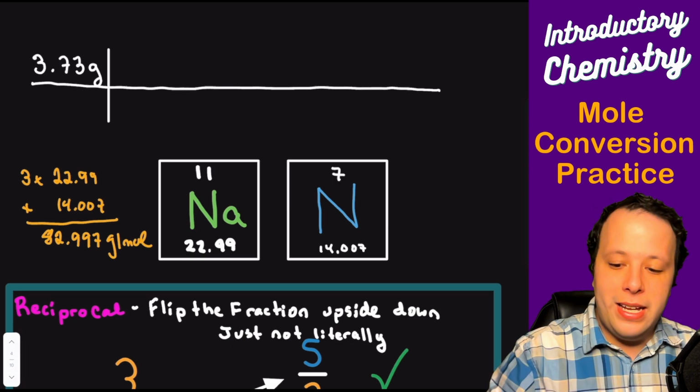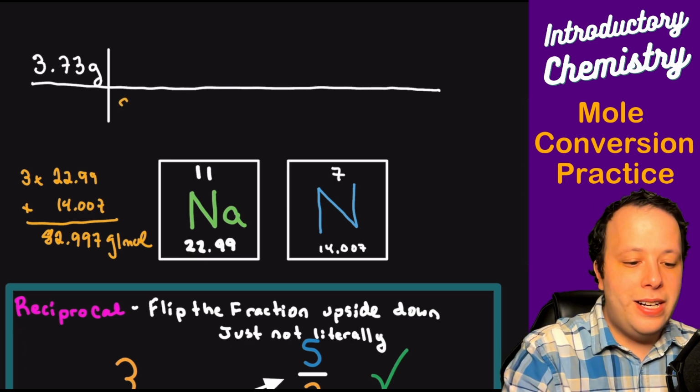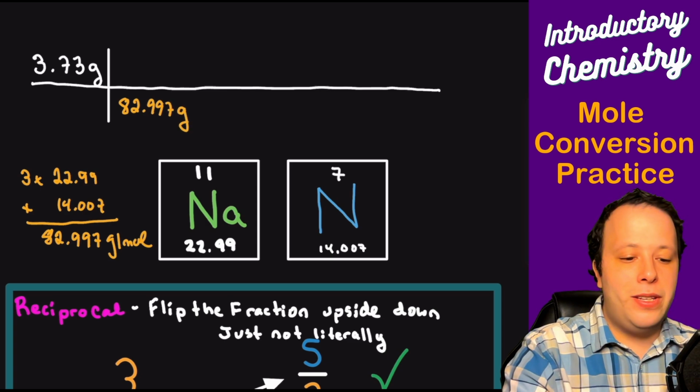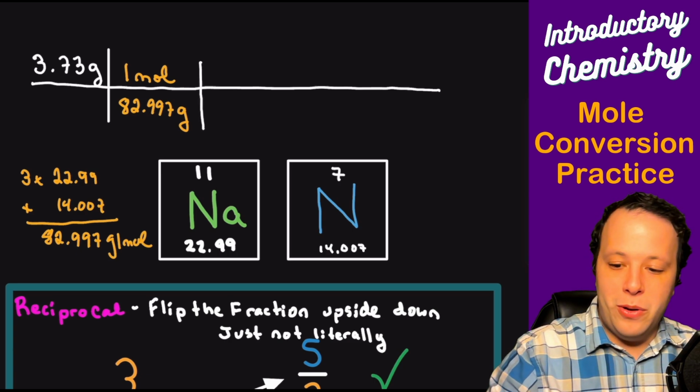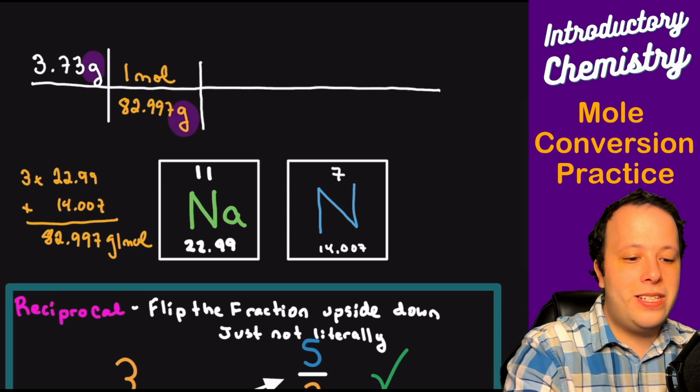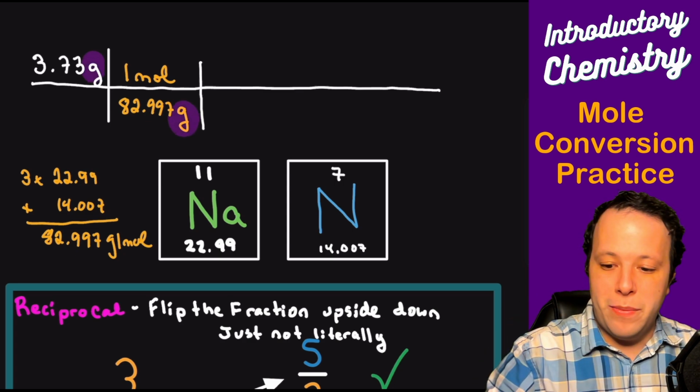We can do the same thing here. So if I had 82.997 grams per mole, I can write that on the bottom and put 1 mole on top, which is the reciprocal of my molar mass. Now, why is that really good for us? Well, it allows us to cancel out grams in this part of the problem.